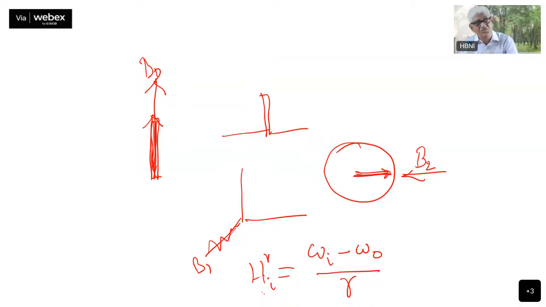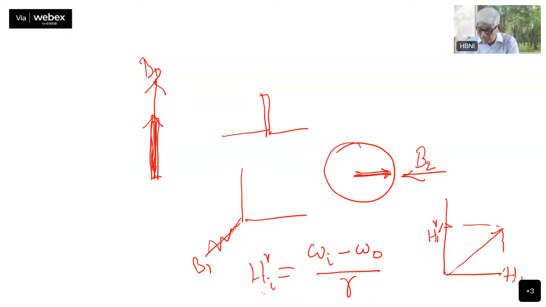Now, can you be on resonance for all of them? You will not be on resonance for all of them. What happens is you will have the H1 here and the rotating frame field here. Sorry, I keep mixing up B1 and H1. This is B1 here, this is your rotating frame field, and this is my H1. So your effective field will be here, right?